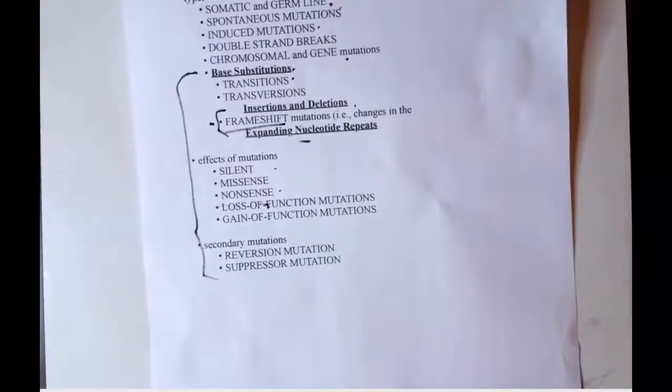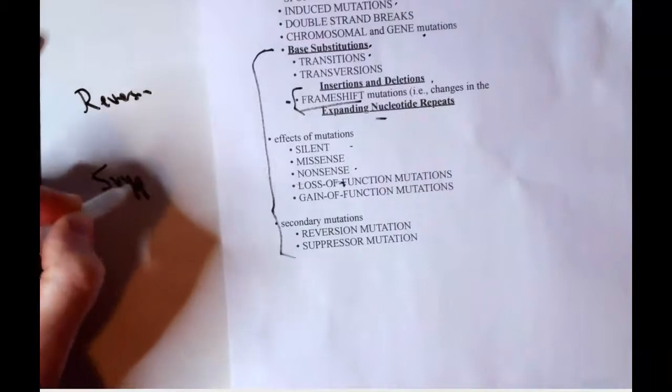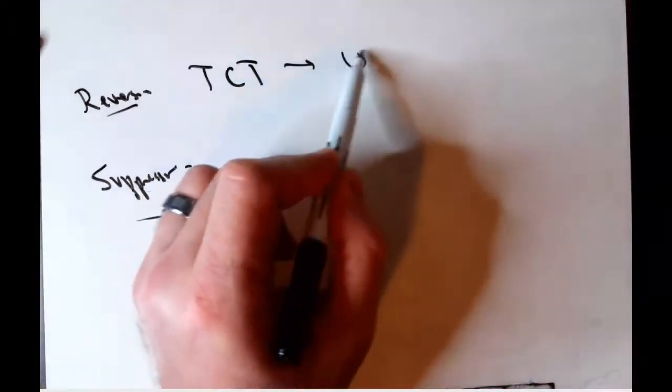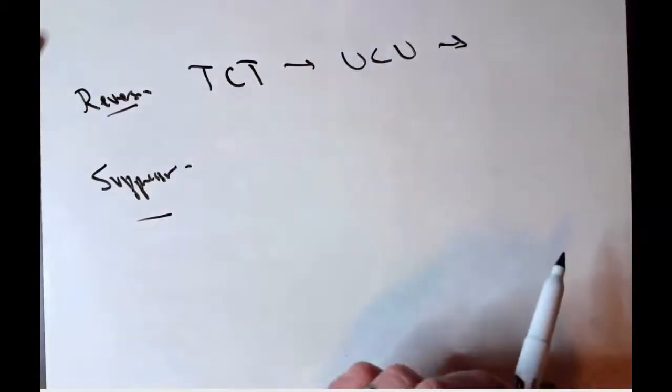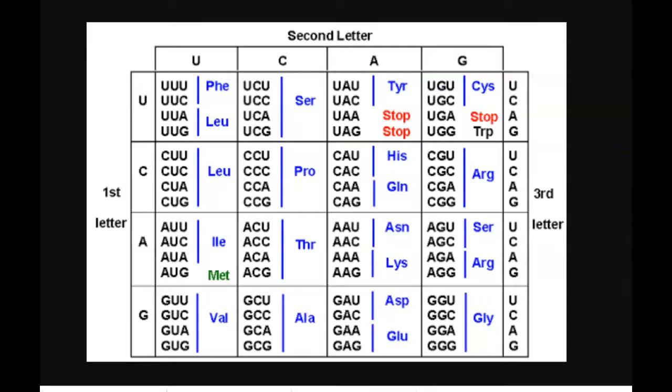Finally, wrapping up with secondary mutations, we have reversion mutations and we have suppressor mutations. Reversion mutations are easy to wrap your head around. So let's start with an example codon, TCT. So TCT is obviously a codon, right? It's going to transcribe to UCU, and UCU translates to serine.